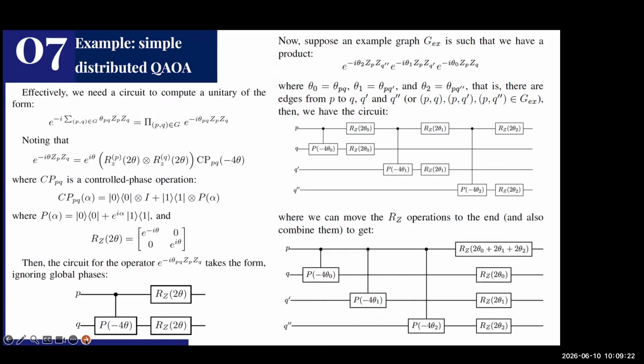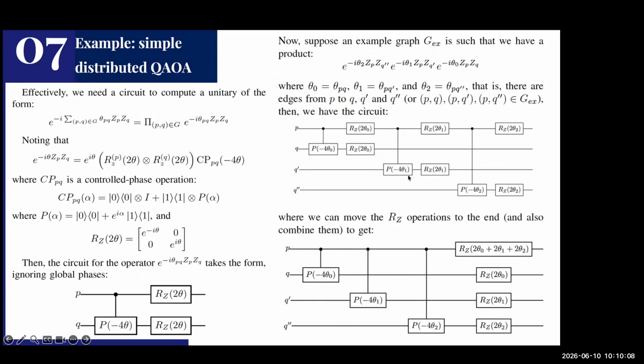You can also look at another circuit. Let's say this is a circuit to compute a unitary of this form, which is typically found in QAOA operations, the quantum approximate optimization algorithm, here in a distributed setting. Then you can rewrite this gate operation into this form using the controlled phase operation, and it looks something like this. If you put together a sequence of these gates, let's say in this example just a sequence of 3 operations of this form, it looks like this.